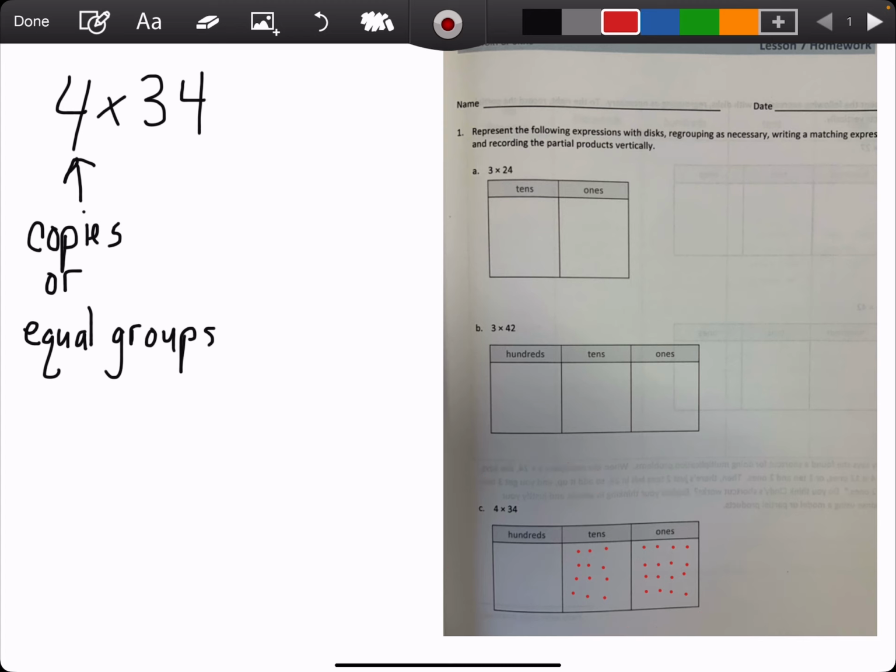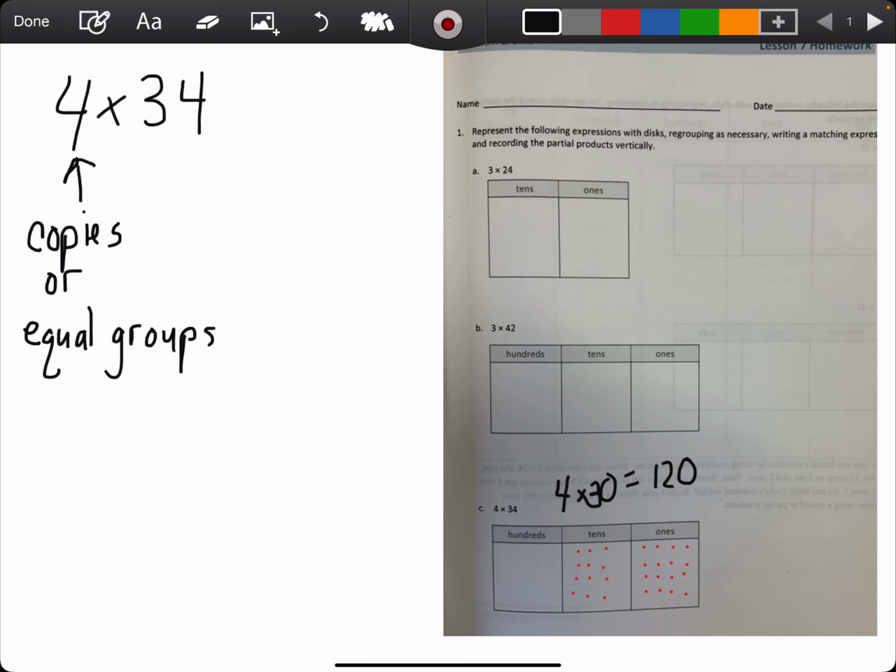So just so I know, I did 4 times 30, and that should equal 10, 20, 30, 40, 50, 60, 70, 80, 90, 100, 110, 120.